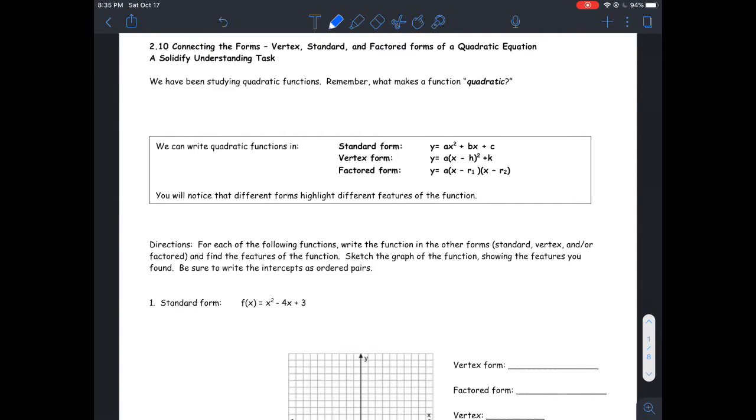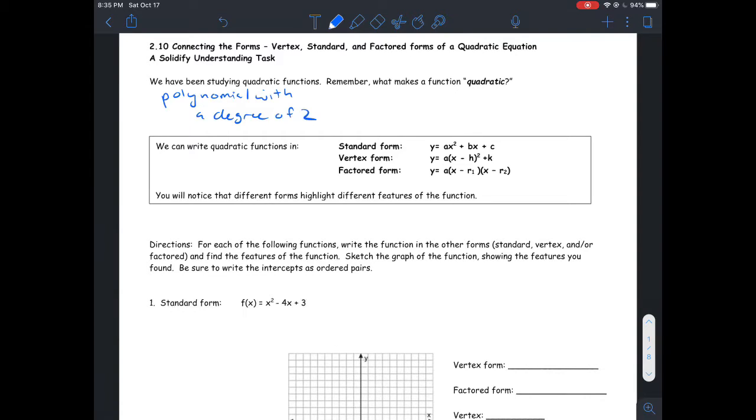So the first question says, we have been studying quadratic functions. Remember what makes a function quadratic. There are different ways to define a quadratic. One way might be to say it's a polynomial with a degree of 2.